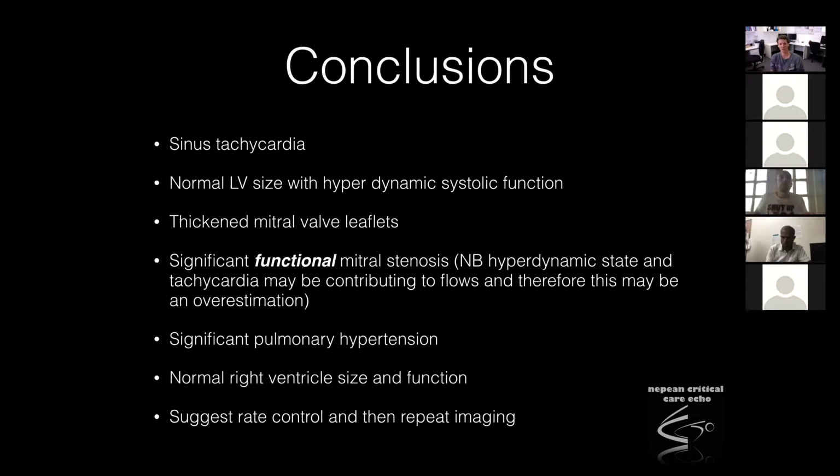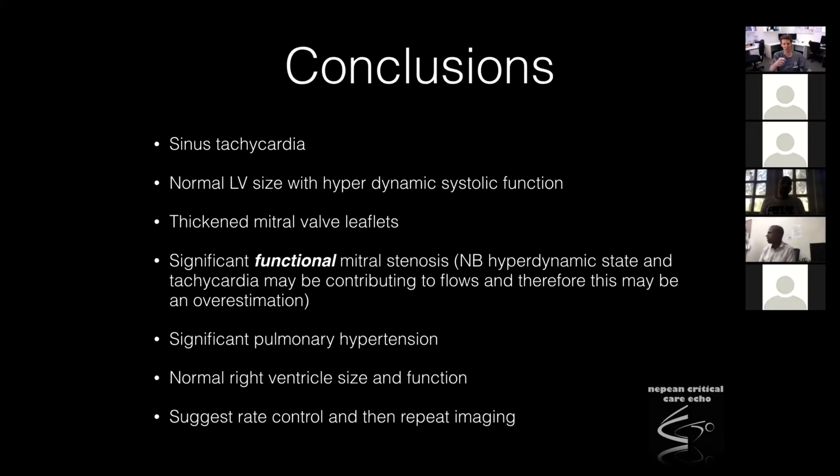They suggest that when you make someone hyperdynamic, if the mean pressures are above 15, that's the cutoff where you start saying it is functional mitral valve stenosis, as in it's relatively minor disease and only comes on when you're exercising, but it's significant when you exercise. So greater than 15 millimeters of mercury is what he suggests is important when you're exercising patients. Along with that, you also see significant pulmonary hypertension.